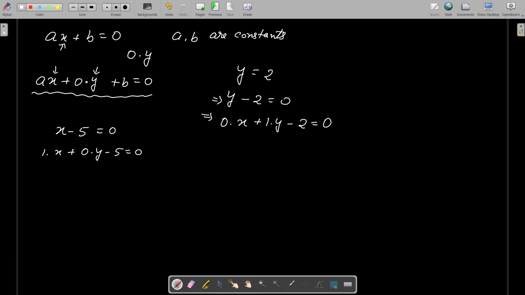This is how we can express a linear equation with one variable in the form of a linear equation in two variables.